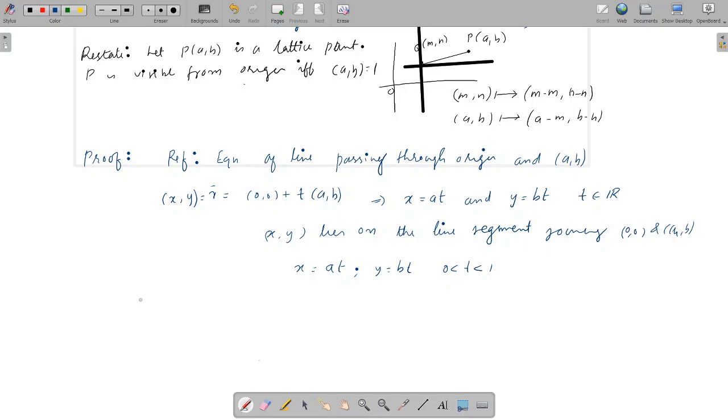Now we will prove the theorem. We need to prove P is visible from origin if and only if GCD of (a, b) is equal to 1.